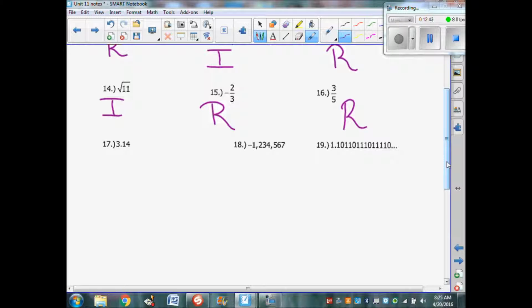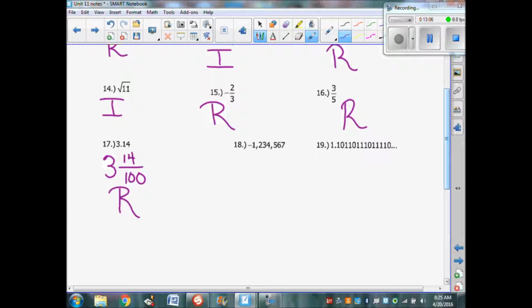That was going to be a pi, or the... Not pi. Oh, it's irrational. It's rational because, does it keep on going or does it terminate? Terminates. And we can make it a fraction. We could say that this is 3 and 14 hundredths. Okay? This is rational.